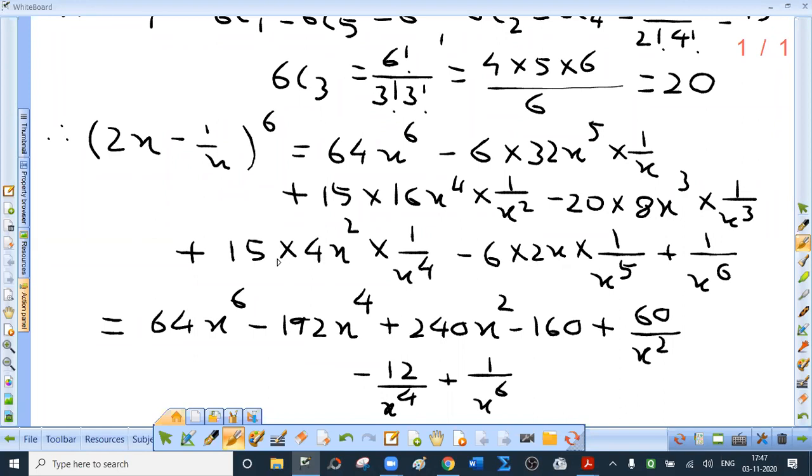This is 60, and which is the constant term? Yes. So finally it is 64x raised to 6 minus 192x raised to 4 plus 240x square minus 160, this is constant term, plus 60 upon x square minus 12 by x raised to 4 plus 1 by x raised to 6.